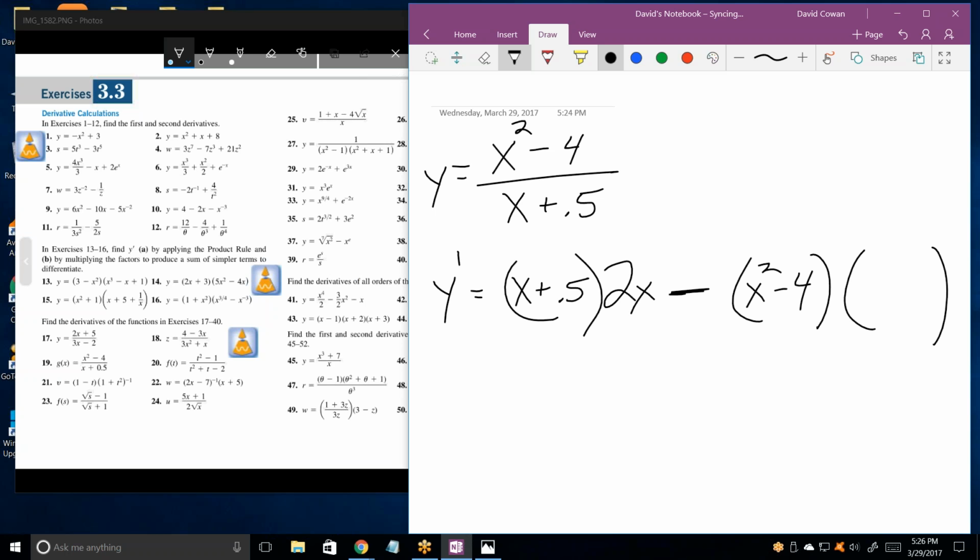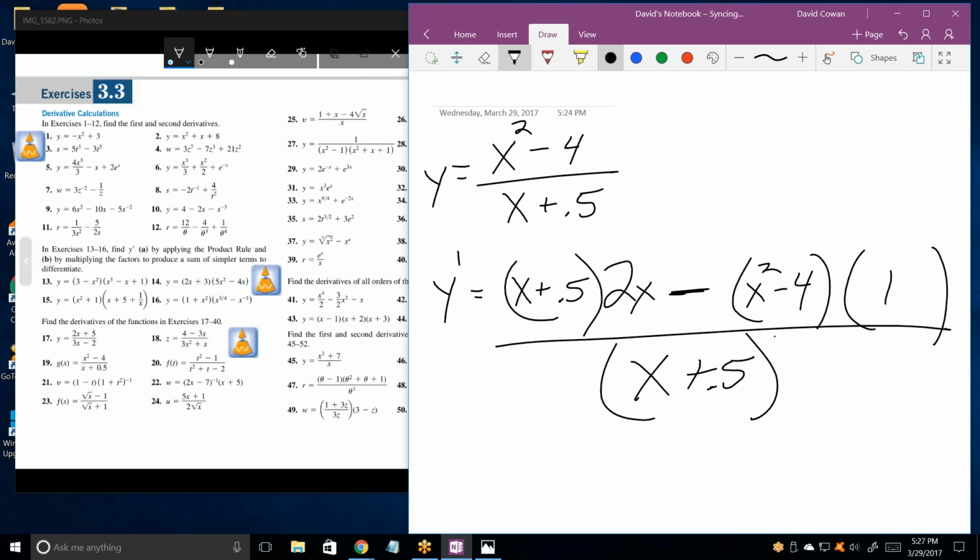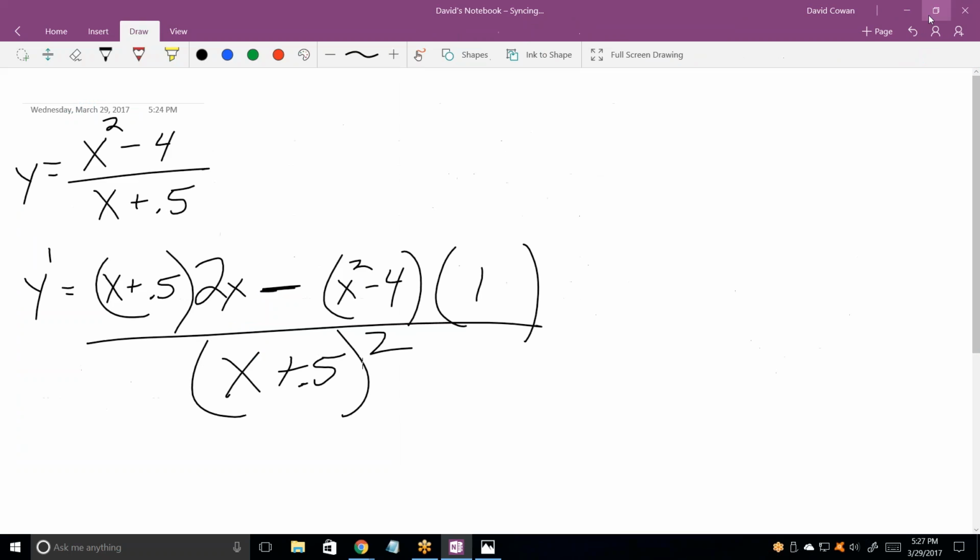What's the derivative of the bottom? 1. All over the bottom square. And it's always acceptable to write it like this. You don't have to ever square it. Okay? But what you do have to do is simplify it.